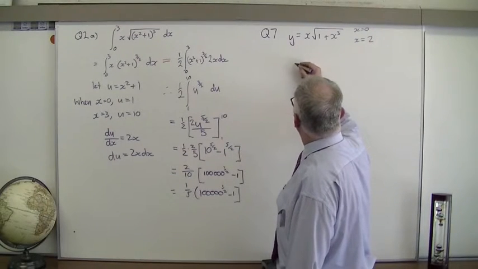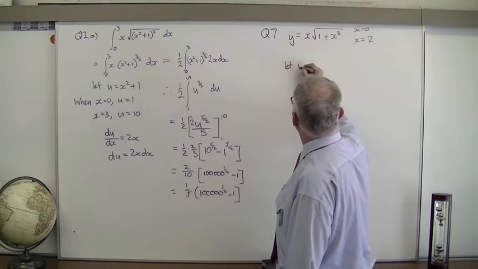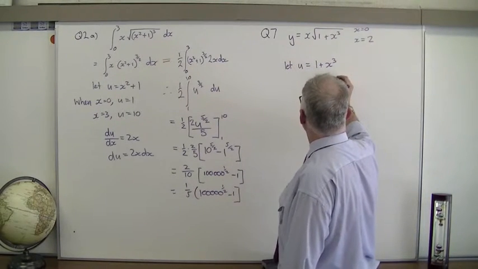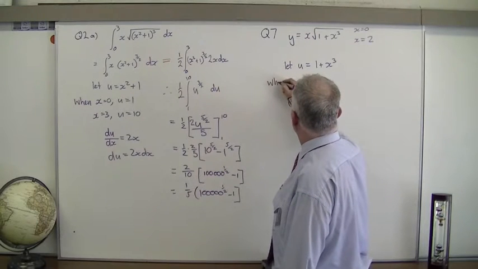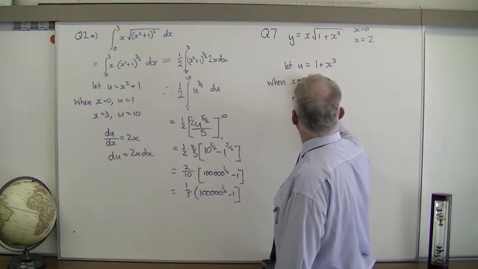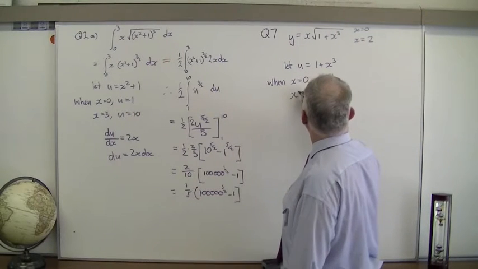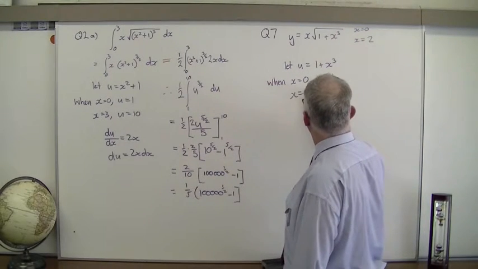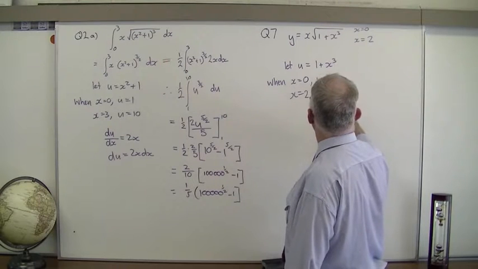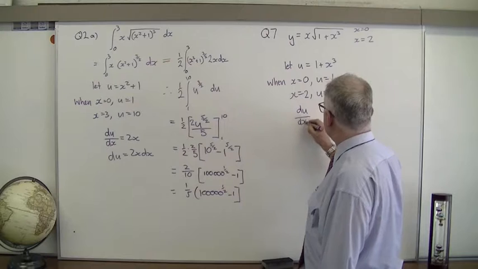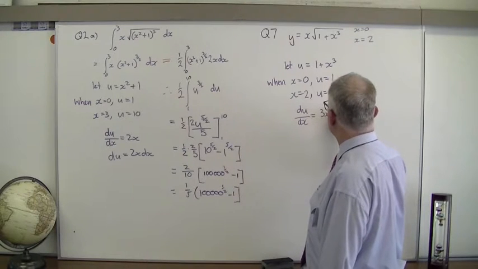We're going to let u equal 1 plus x cubed, which means when x equals 0, u equals 1. When x equals 2, u equals 9. And du dx is equal to 3x squared.